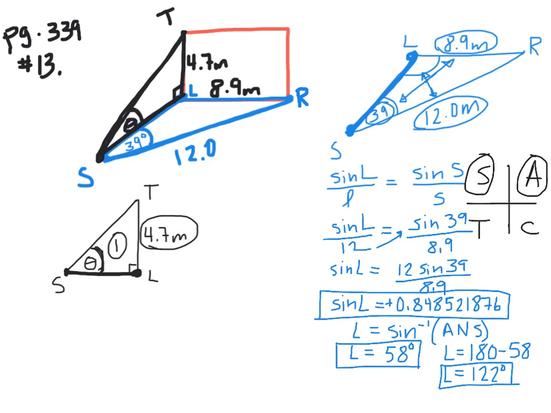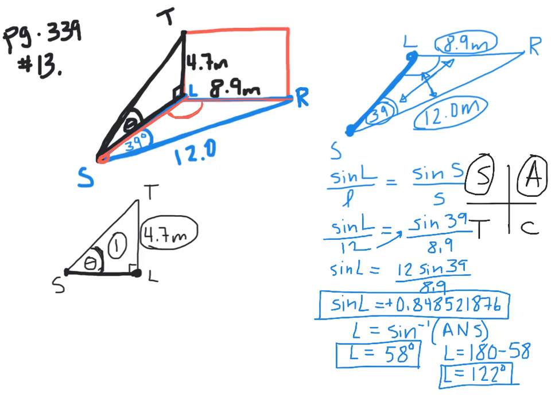Now, of course, you cannot have two answers in a real life word problem. So which answer makes sense? The majority of the time, it would be the acute answer that makes sense. But if you take a look at the picture, if Susie is somewhere on the left side of that building, and this angle over here, this angle L, we can tell clearly the way that it's drawn.